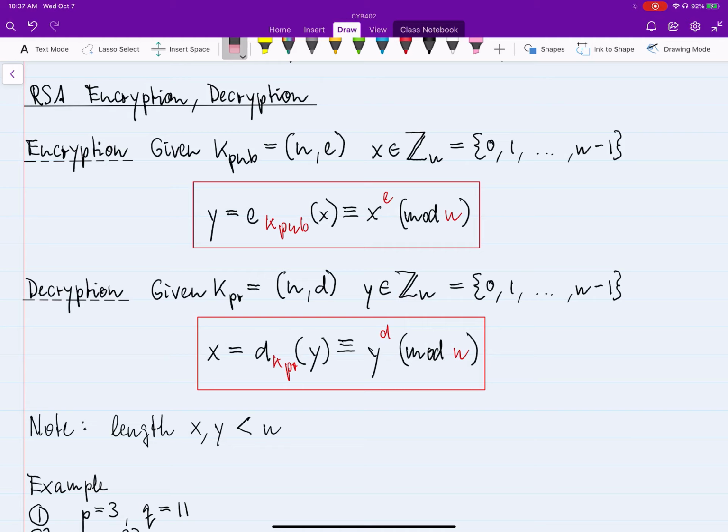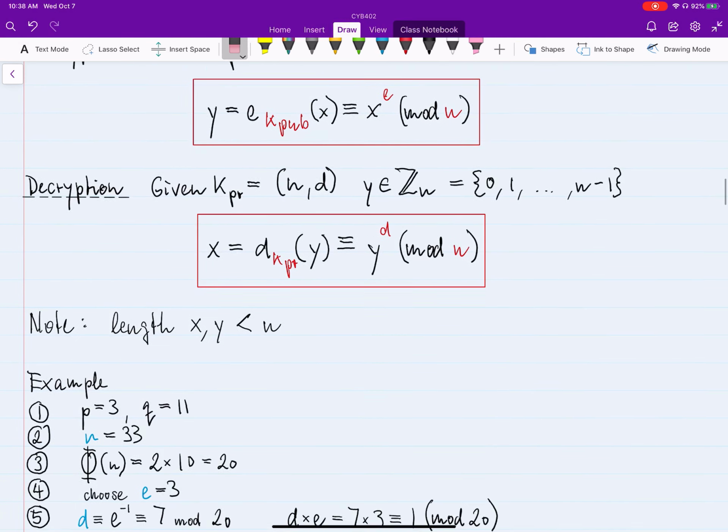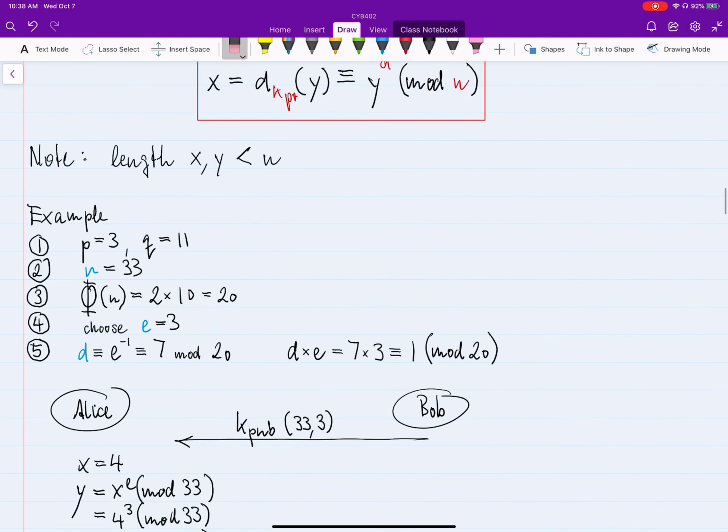Instead of the plaintext, we take the ciphertext to the power of d modulo n, which allows us to retrieve the plaintext x. Again, keep in mind that because of the way the algorithm works, we are limited to a message size smaller than n.